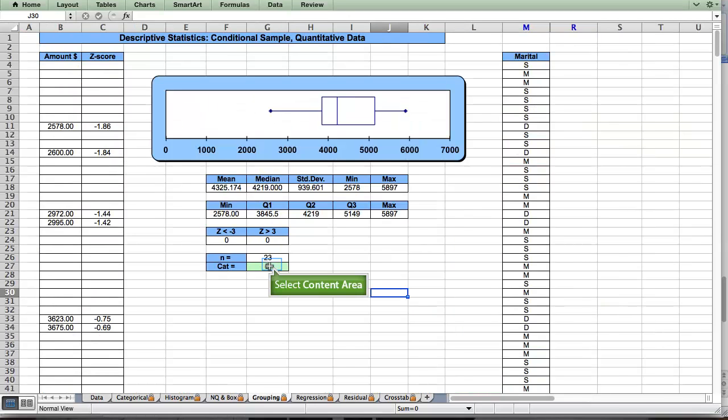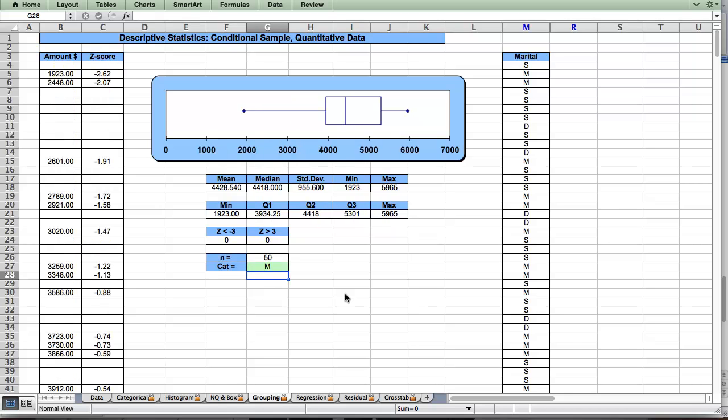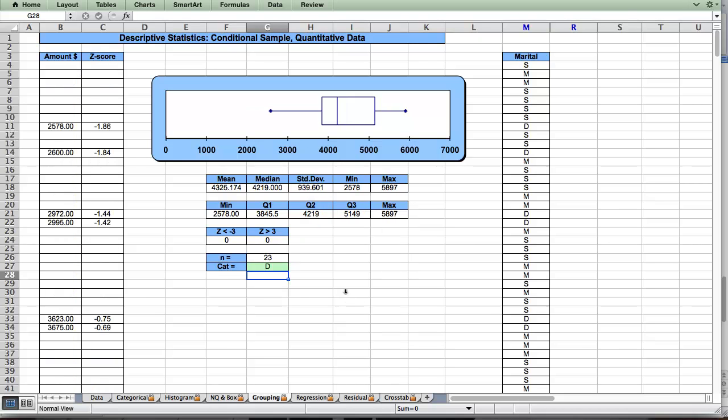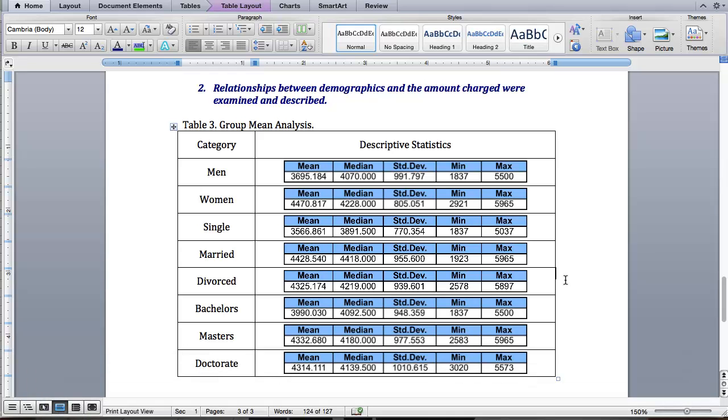So single, married, divorced, and we get a table of descriptive statistics and our sample size just for that category. And I did these for all of the categories very quickly and just copied that table.